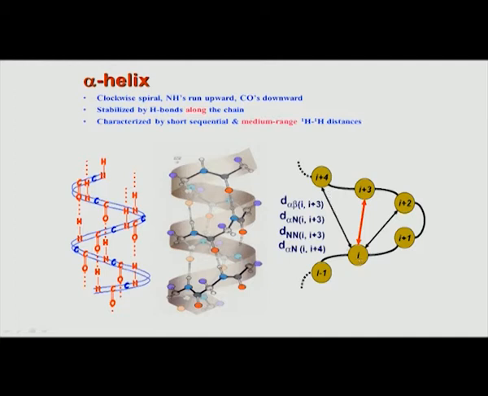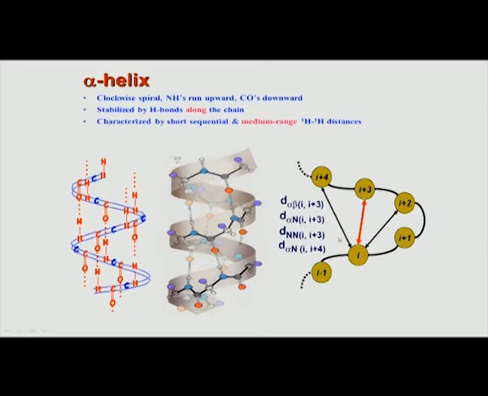If it is an alpha helical structure, the amino acids I plus 2, I plus 3, I plus 4 come close to residue I. Specifically, the alpha proton of I to the beta proton of I plus 3 is at a very close distance, within 5 angstrom, and that helps us find out whether the secondary structure is a helix or not.